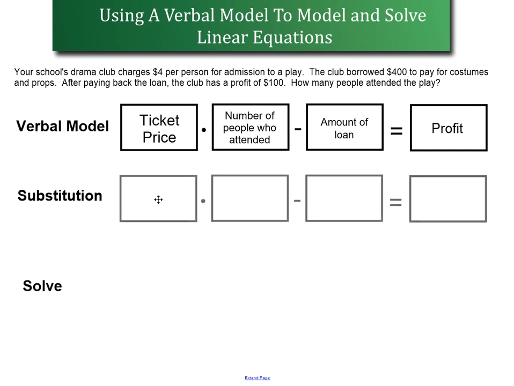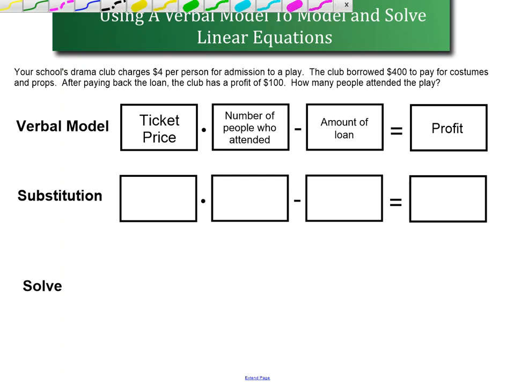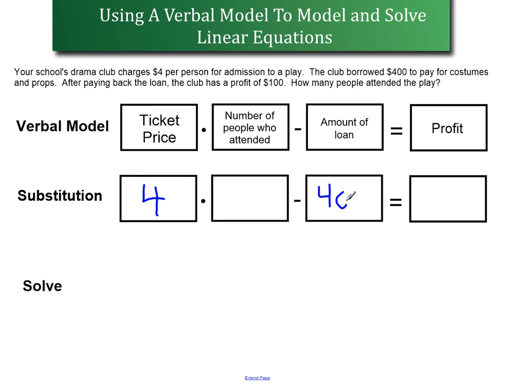So you're going to take that same verbal model in boxes and then fill in the given information that we have. So let's see what we're given. The school's drama club charges $4 per person. That's my ticket price. So I'm going to write that in. 4. The club borrowed $400 to pay for costumes and props. That's my loan amount, $400. After paying back the loan, the club had a profit of $100.